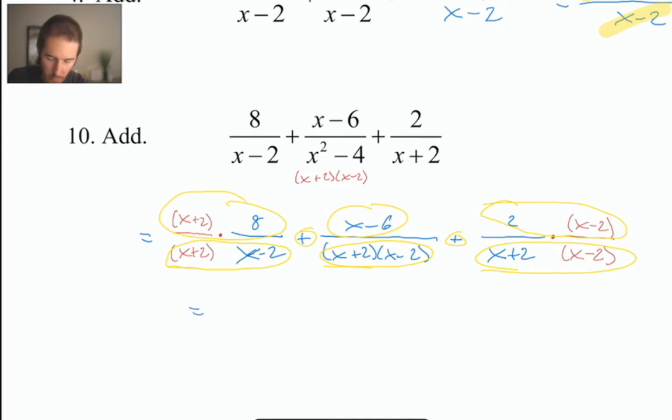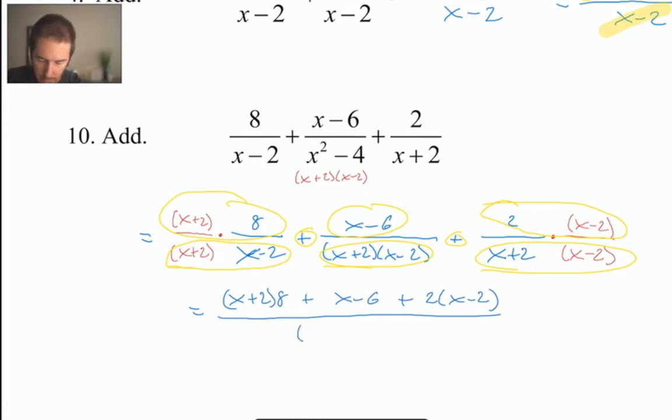Let's see what it looks like. X plus 2 times the 8 plus the x minus 6 plus the 2 times x minus 2. That's all of our numerators divided by the common denominator of x plus 2 times x minus 2.